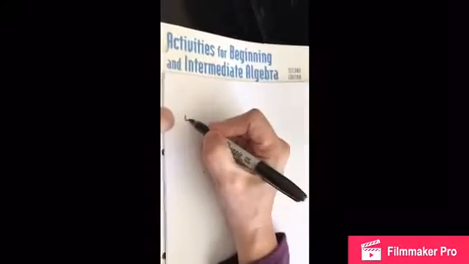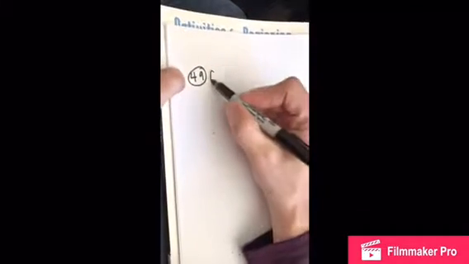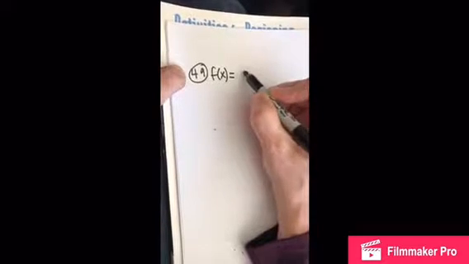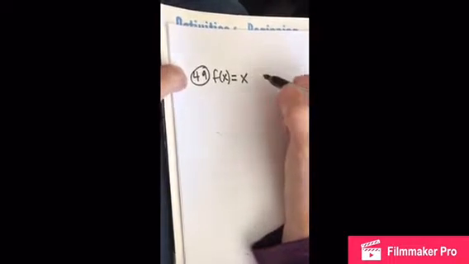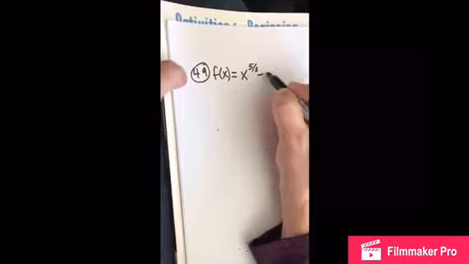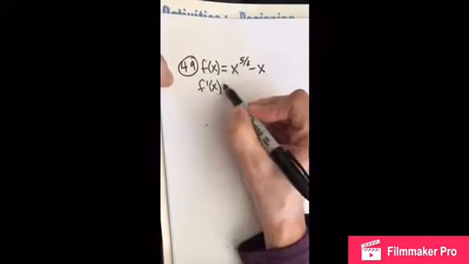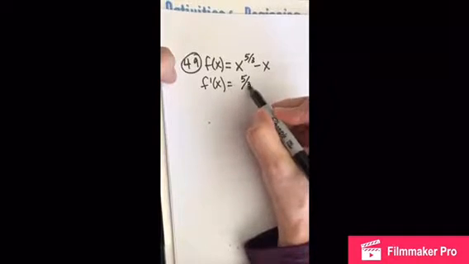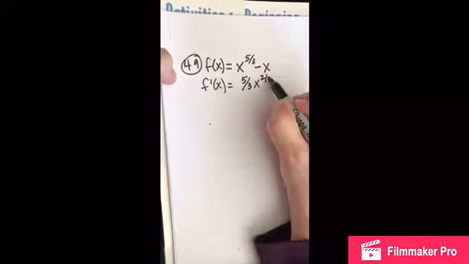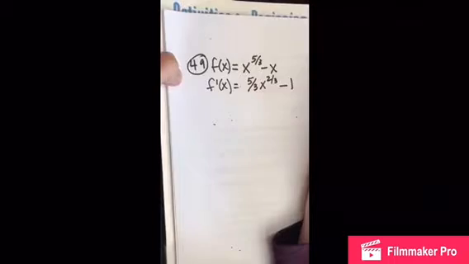Now we want to do number 49. Okay, so this one is the same idea. Here we have x to the 5/3 minus x. So we take the first derivative, which will be 5/3 x to the 2/3 minus 1.